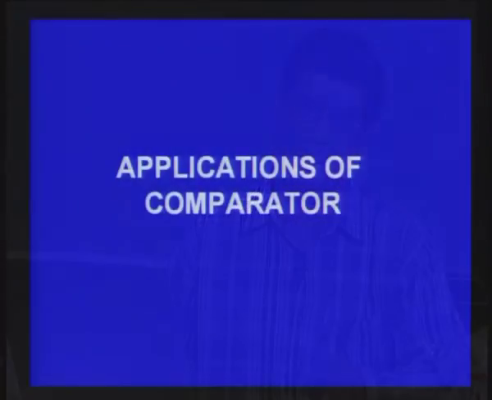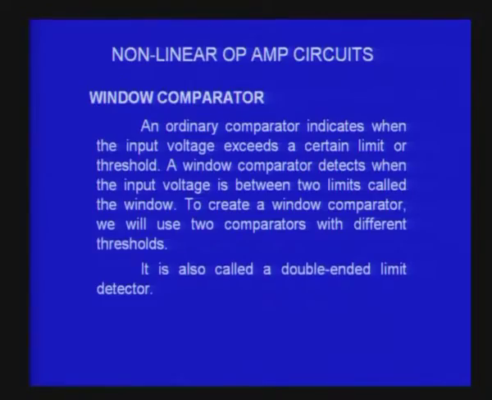Now, let us move on to find out whether we can also have other types of comparators. One of the very important types of comparator is called a window comparator. A window comparator is basically a comparator which has threshold voltages corresponding to a lower limit and an upper limit in voltage.